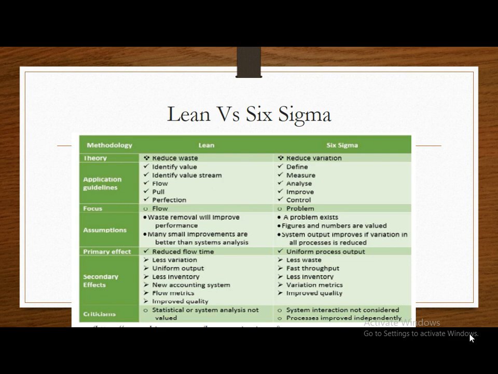Focus in Lean is on flow, and in Six Sigma, focus is on problems. The criticism for Lean is that statistical or system analysis is not valued. For Six Sigma, there are two criticisms: system interaction is not considered, and processes are improved independently. The primary effect of Lean is reduced flow time, and the primary effect of Six Sigma is uniform process output.